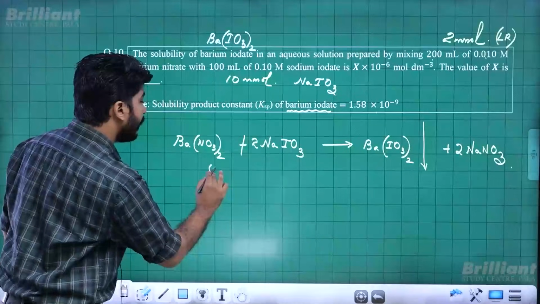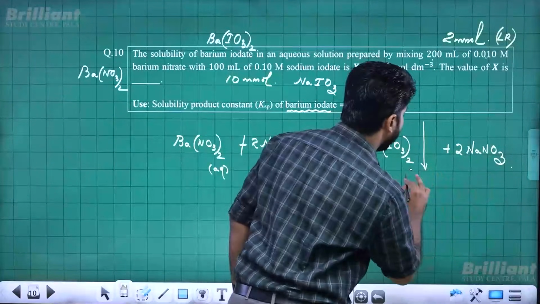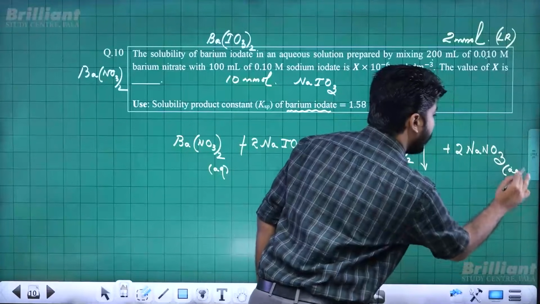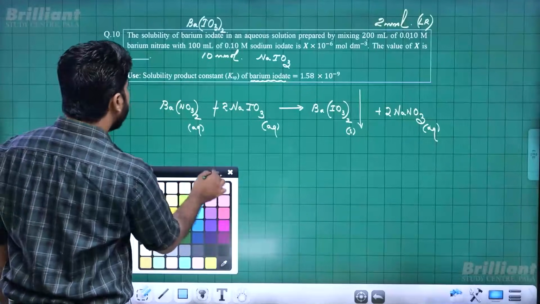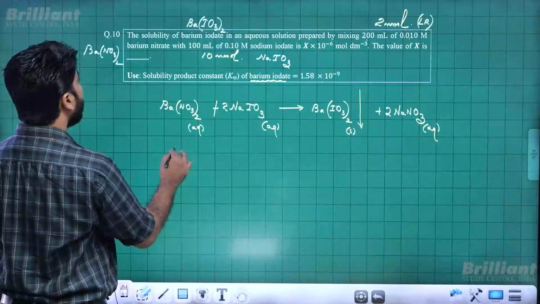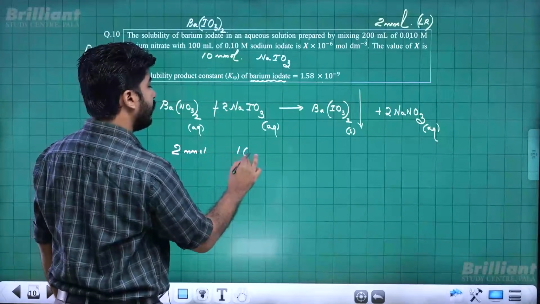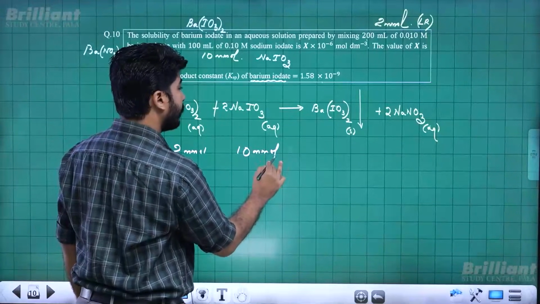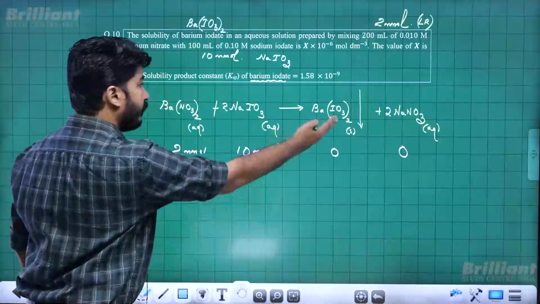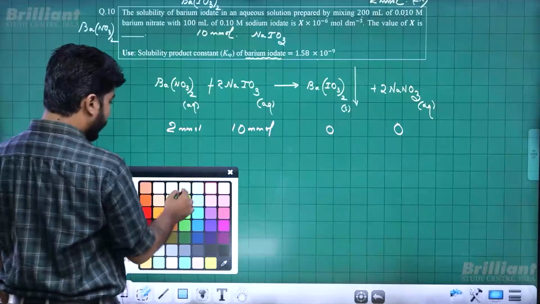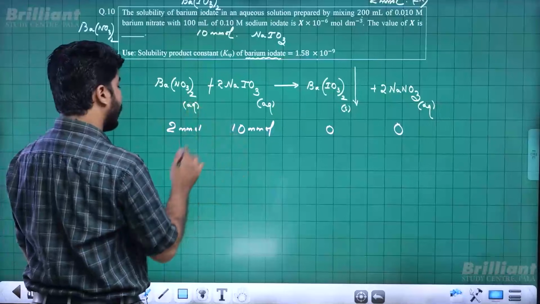So, soluble ones we write with aqueous in bracket. So, there is a reaction happening. We have taken 2 millimole of this one with 10 millimole of NaIO3. Initially, we didn't have any of those products present in the medium, and the reaction went to 100%. So, all the limiting reagent got consumed.